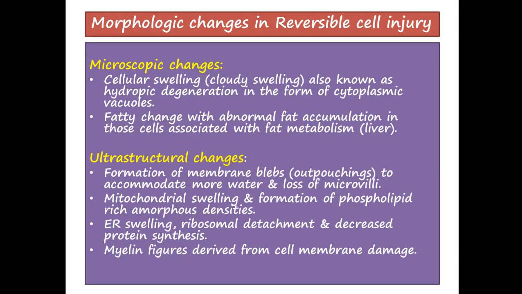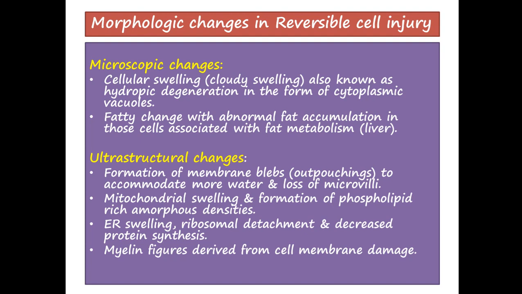Now, the microscopic changes that we can see through a light microscope are two. One change is the intracellular accumulation of water, which is also known as hydropic degeneration or cloudy swelling, and we can see cytoplasmic vacuoles.